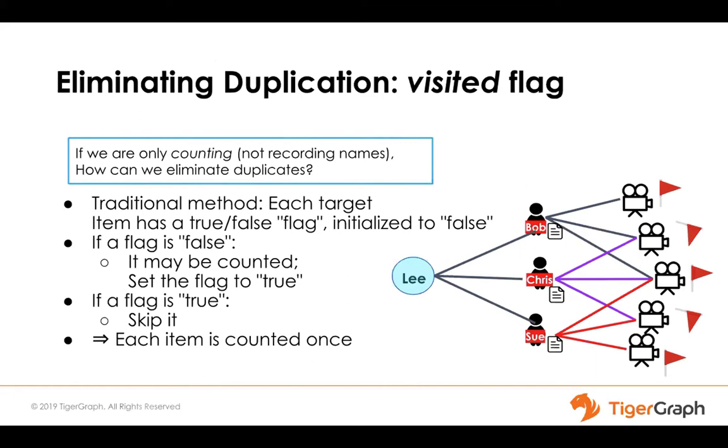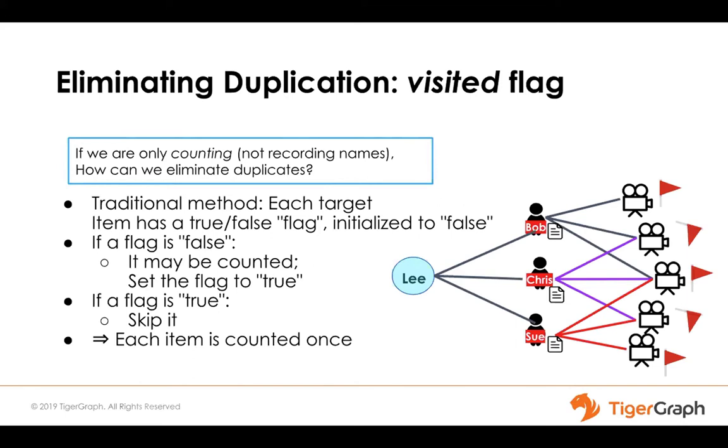And then each of my friends, quote, visits a movie and counts the movie. The trick is you want to visit each movie only once. So we give each movie a flag, and it's initially false.